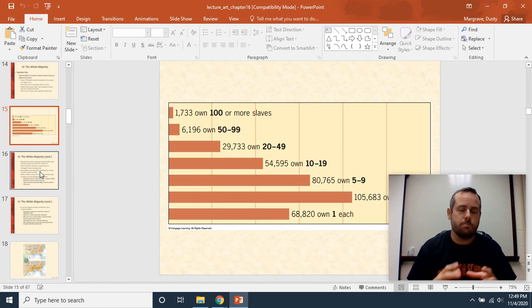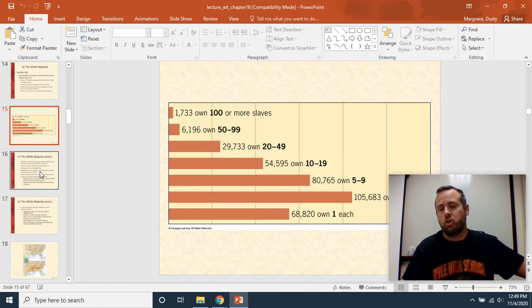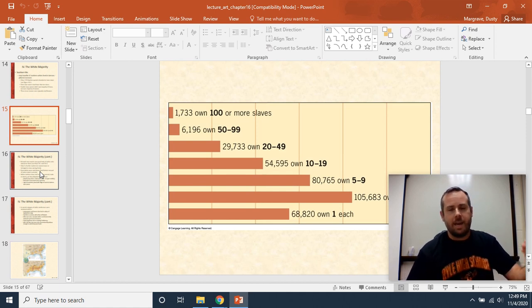One thing to note is, by this point, most slaveholders are increasing their slave population through natural reproduction. Yes, there's still buying and selling of slaves. There's auctioning going on, and we'll come back to that more in a minute. But the idea of the Middle Passage, or importing slaves from Africa, will largely end in the early 1800s.